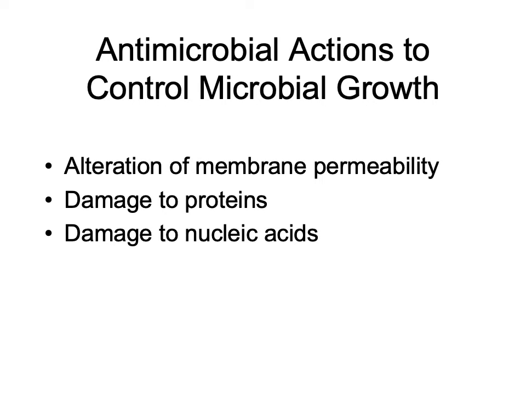Methods that control microbial growth have different antimicrobial actions. They do different things. They target the bacteria or the viruses in different ways. They can alter membrane permeability. They could damage the proteins. They could damage the cell wall in some way. They can damage the nucleic acids within the cell.